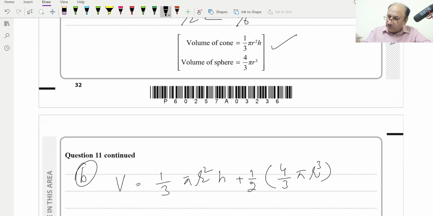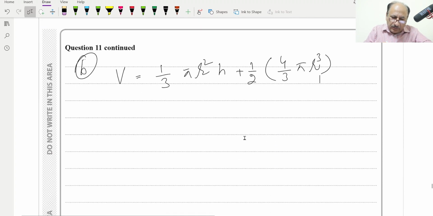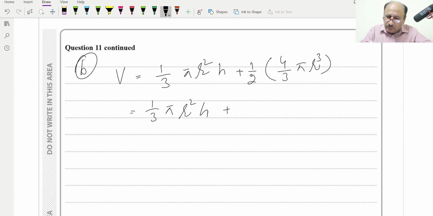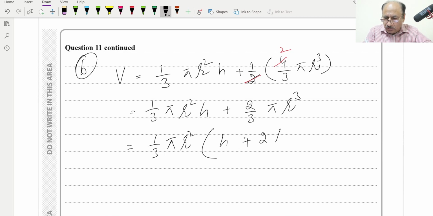We can simplify this and write 1 by 3 pi r squared h, plus the 2 cancelled with this to form 2 over 3 pi r cubed. Now we can take 1 by 3 pi r squared common, and inside will be h plus 2r.